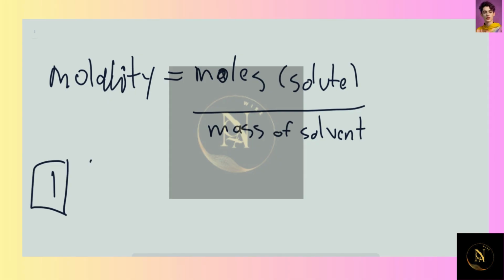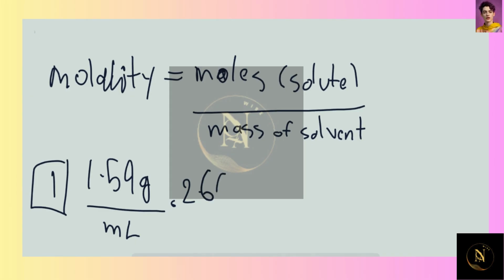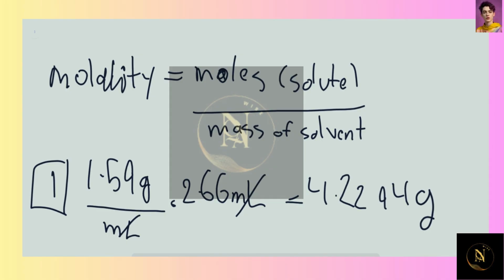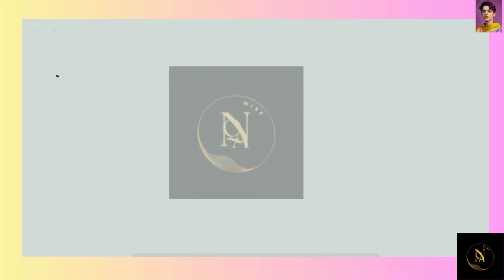I'm given the concentration in mass per volume, which is 1.5 grams per milliliter, and I'm told that I have 2.66 milliliters of it, and so the milliliters cancel out. And I get 4.2294 grams of my solute.